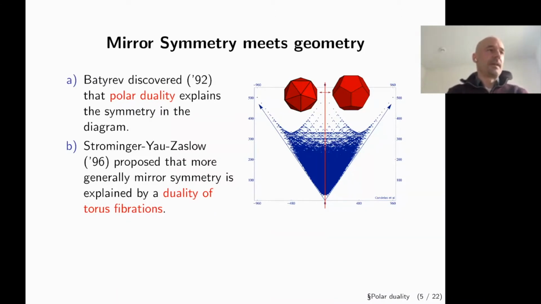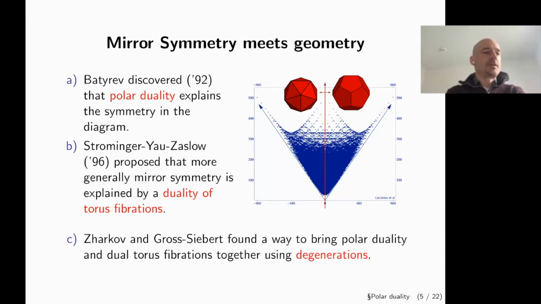So these are fairly independent points of view, which then got unified by Zharkov and Gross-Siebert, where they realized that you can bring the polar duality together with the torus fibration. So for those examples that are hypersurfaces, you can also interpret the mirror symmetry for the point B. So the hypersurface polar duality becomes also a duality of torus fibrations.